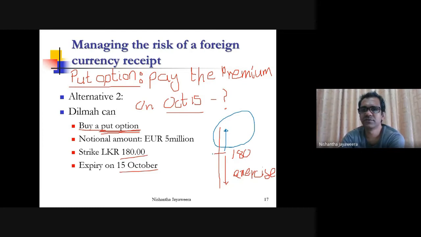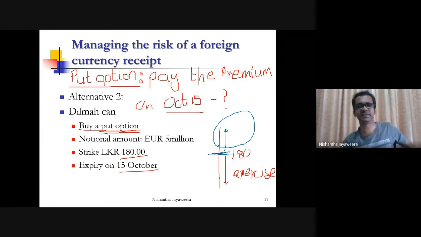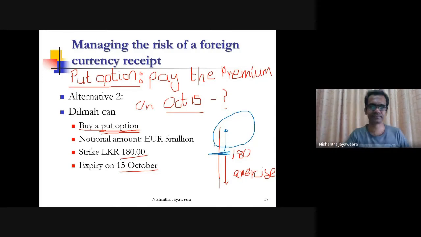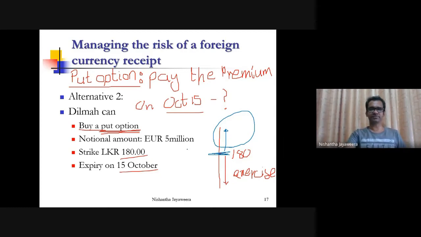At this 180 rate. That is the advantage of entering into an option contract over the forward contract.